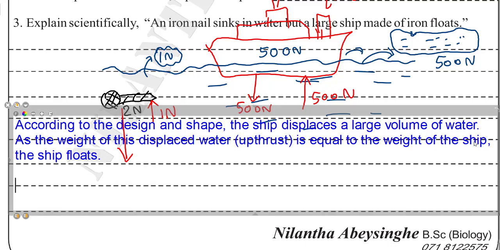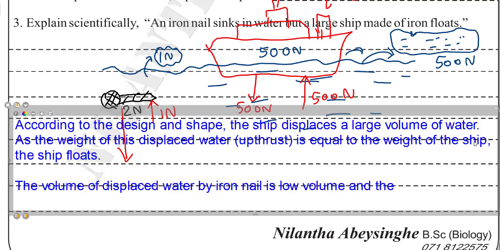Then we consider the iron nail. The volume of displaced water by the iron nail is small. It's a low volume.